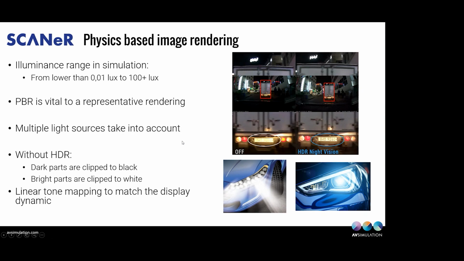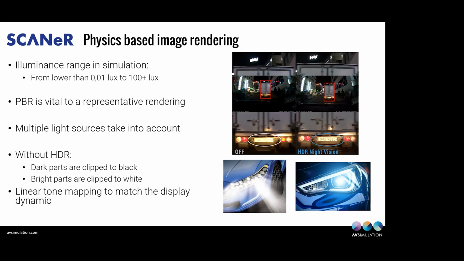And why am I talking about this is because without this capability of physics-based rendering and the high dynamic range that comes afterwards, the dark parts are clipped to black into the scene, and the bright parts are clipped to white. Because we have a high capability of calculating what the color of a pixel actually has to be, we're able to apply a linear tone mapping to match the display's dynamic.